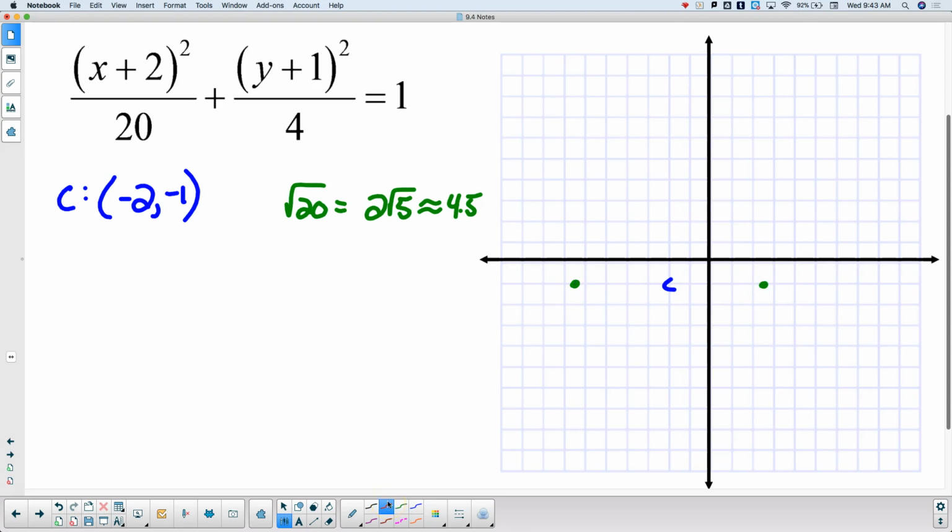B squared? Square root of 4, which is 2, so that's up and down 2.